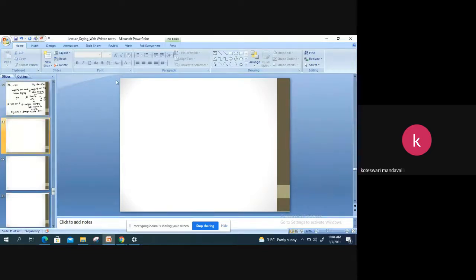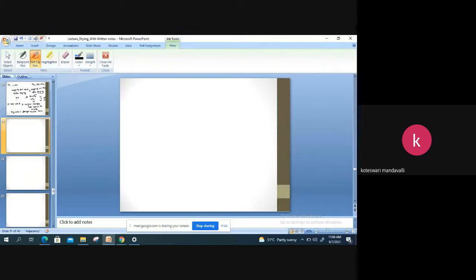So if I consider the same problem, so what is the problem now? Same problem. So wet solid 100 kgs and dry solid 80 kgs. And W1 is 20% and X1 is 25%.